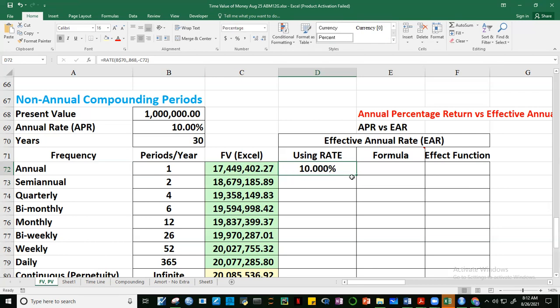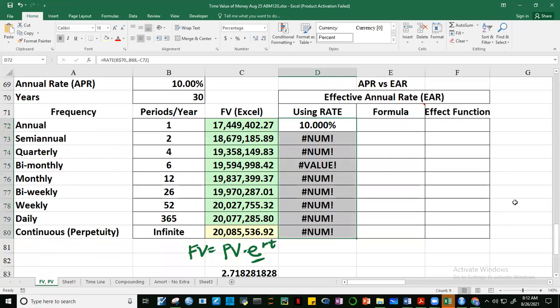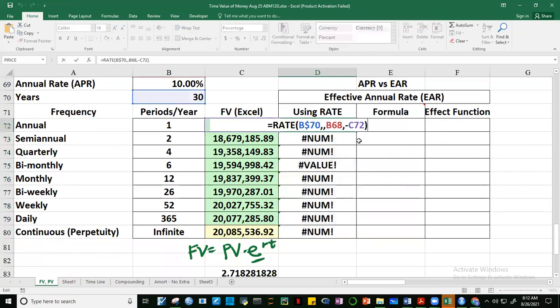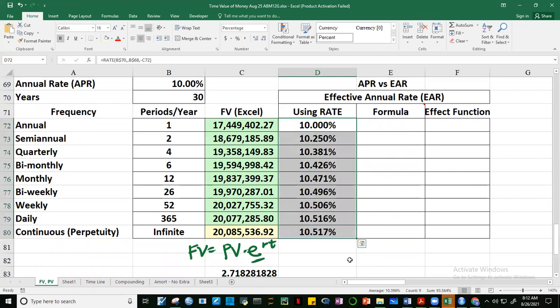Okay? Pero pag binaba na natin to, oops, dapat naka-fix yung 368 natin. Okay. Yung future value ang hindi naka-fix. Enter. There. Okay, so what do we notice now?